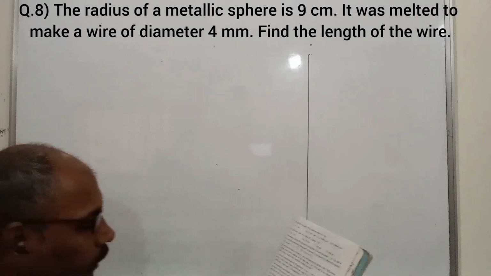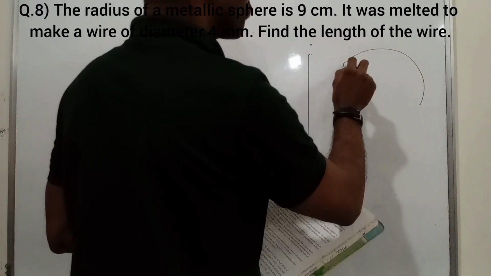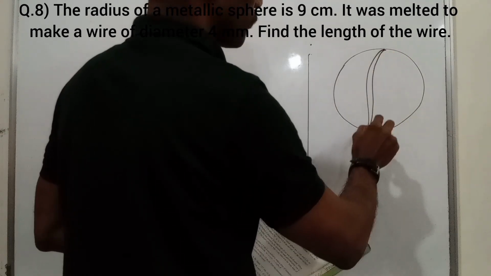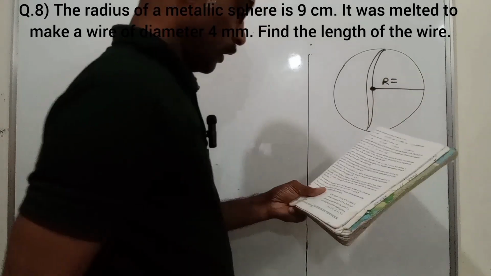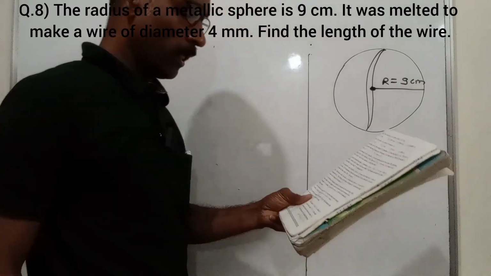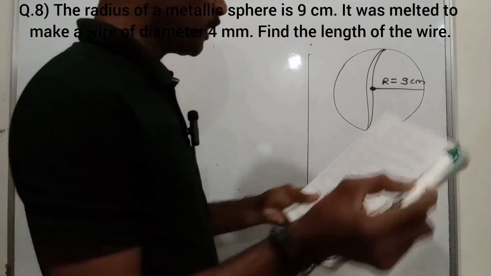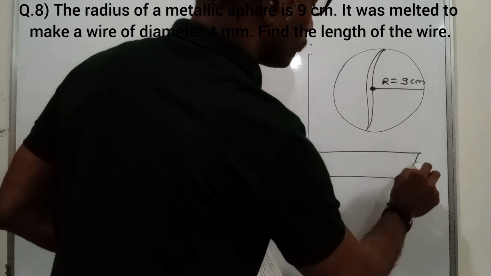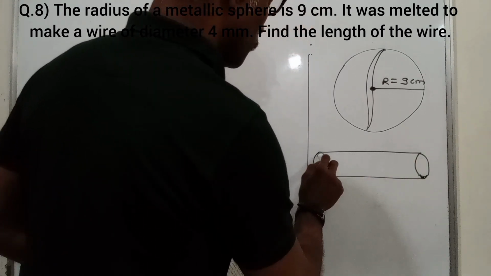Question number 8. The radius of metallic sphere. Radius of this metallic sphere, I will write here capital R, metallic sphere is 9 centimeter. Okay. It was melted to make a wire of diameter. To make a wire of diameter.